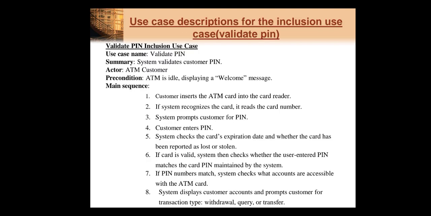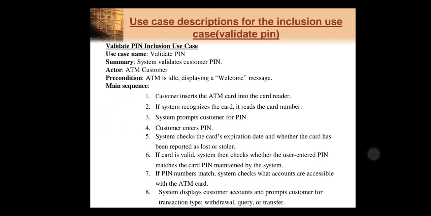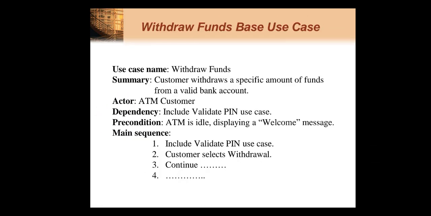The inclusion use case, validate PIN, is not dependent on anyone, so we are not mentioning a dependency parameter there. But the base use case is dependent on validate PIN, so we need to include this dependency parameter: dependency, include validate PIN use case.